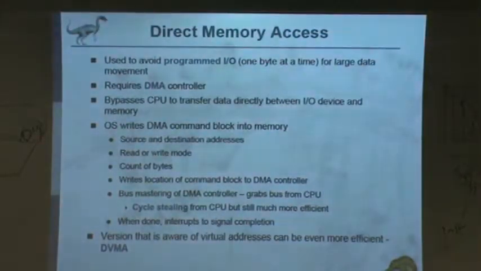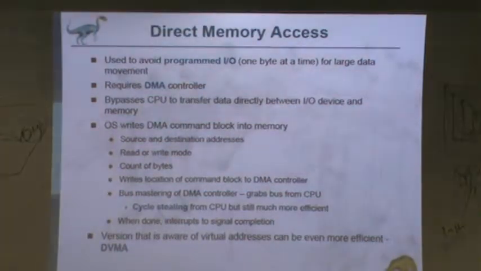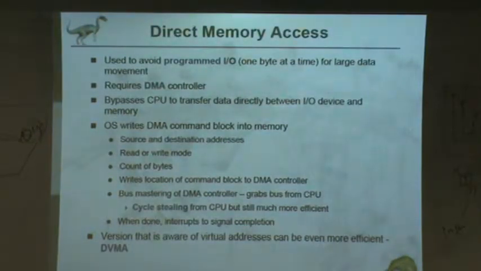Direct memory access requires a controller also, because anytime, anywhere, if you want to send a message in the computer system, you need a controller. This controller is an electronic device that includes something very basic: registers and instructions.